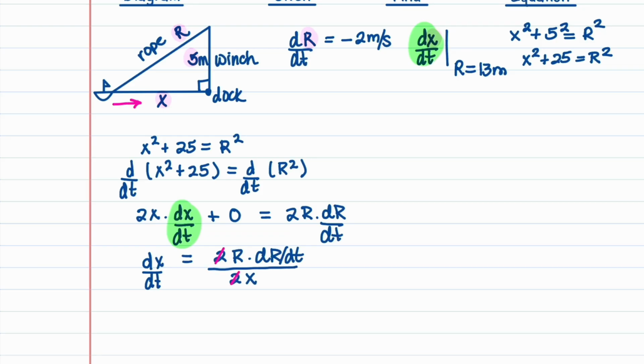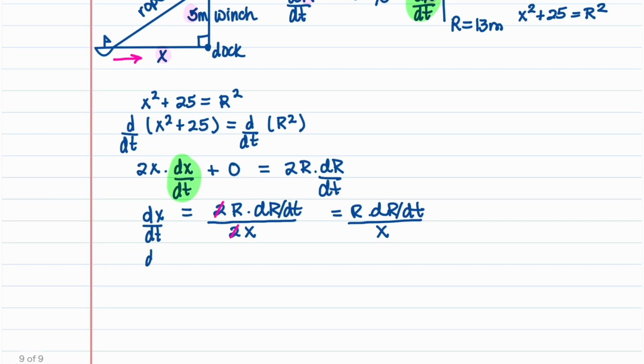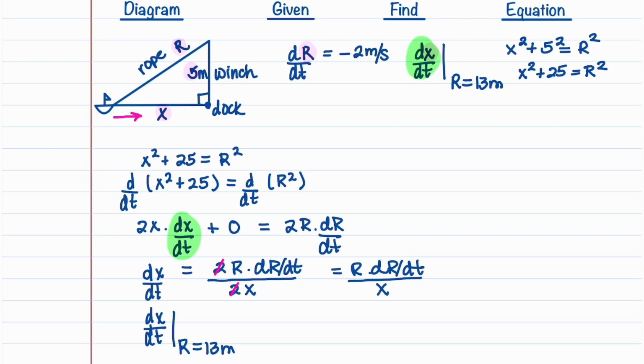Our 2's cancel, and we end up with R times dr/dt, all divided by x. We want to find dx/dt when R is equal to 13 meters. Notice up here in our equation that we can substitute in that R is 13.